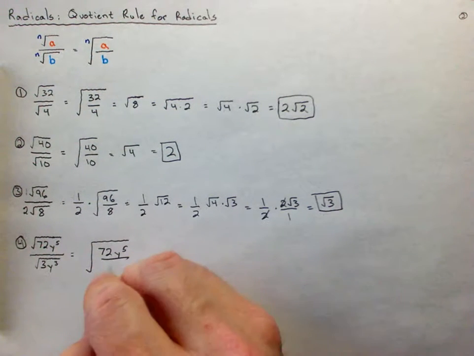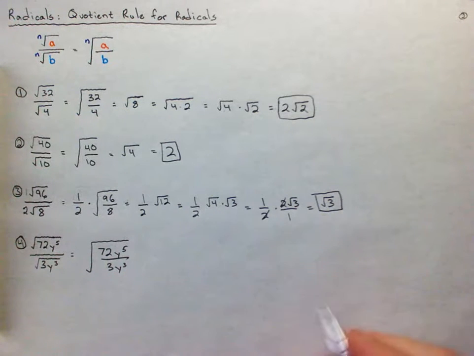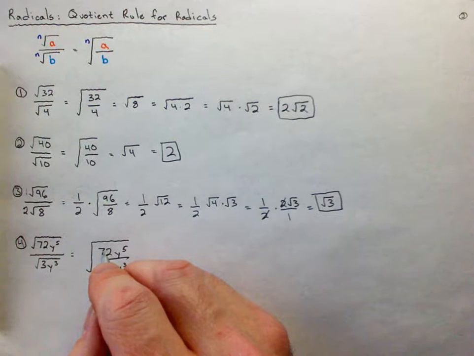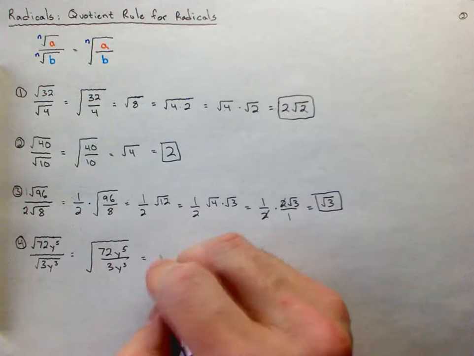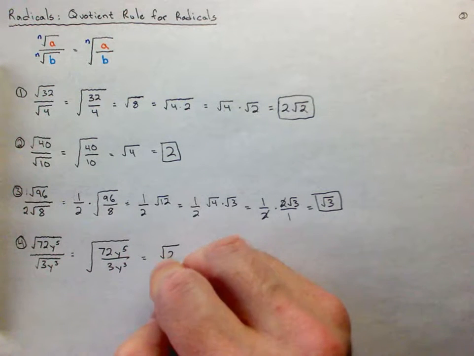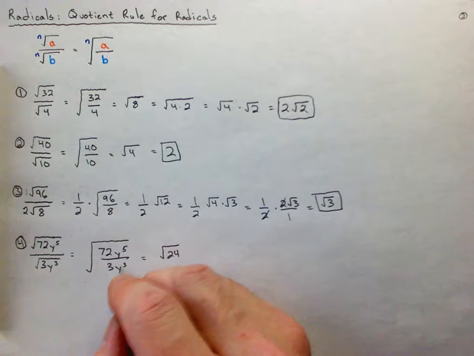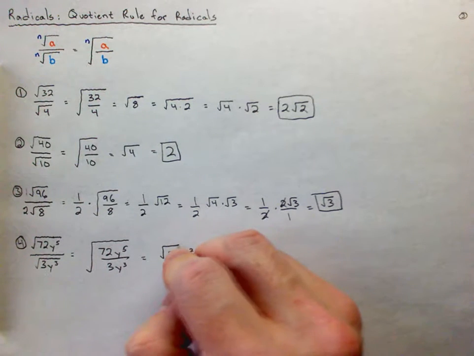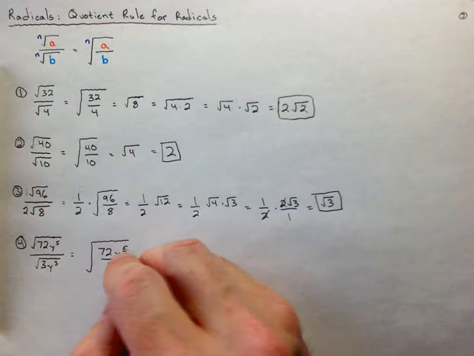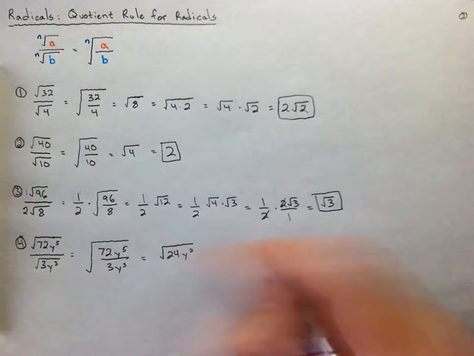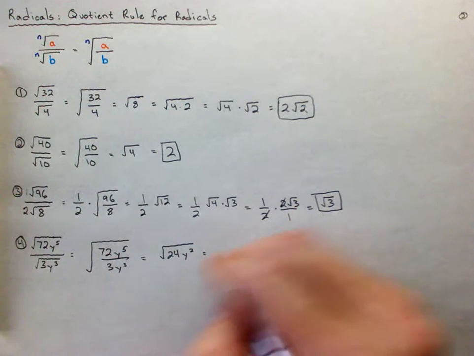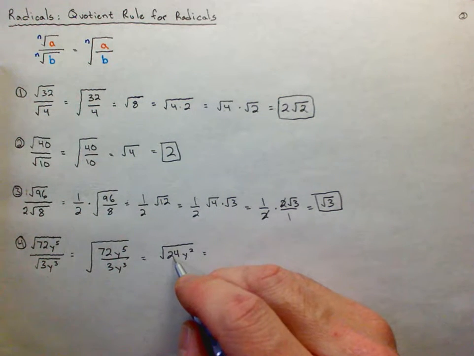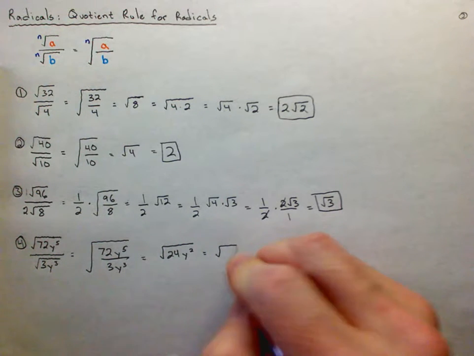Next, the square root of (72y to the 5th) over 3y to the 3rd. I'm going to look at how many times 3 can go into 72. 24 times. So that equals the square root of 24. And using my exponential rules, the quotient rule, y to the 5th over y to the 3rd is y to the 5 minus 3, which is y squared. For 24, I need a perfect square, and that one will be 4.